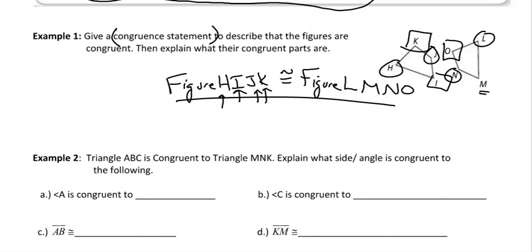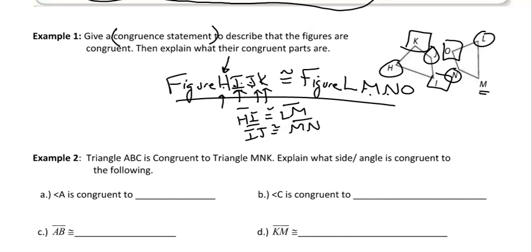Now, if we wanted to know what the congruent parts were, we could say HI is going to be congruent to what? H and I are the first two here. The first two here are L and M. I and J, IJ is going to be congruent to, that is second and third. Second and third is M and N. And you could go on through this.